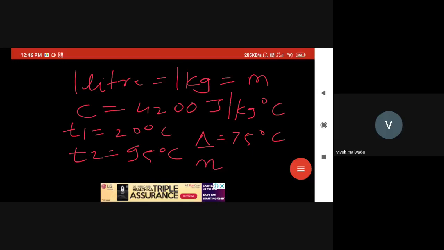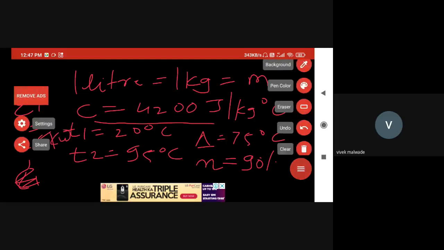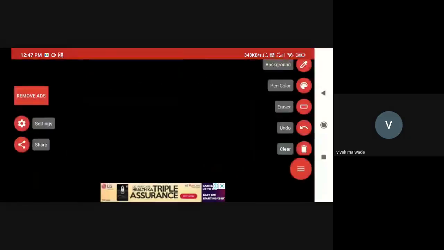The efficiency of this process is 90%, the specific heat capacity of water is 4200 joules per kg degree Celsius, and the input power of this immersion heater is 2.5 kilowatts.